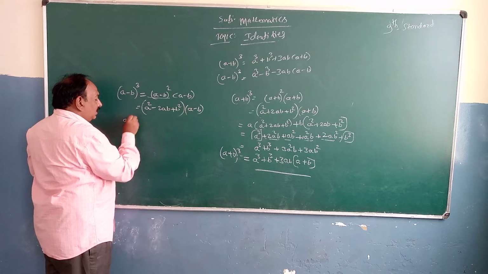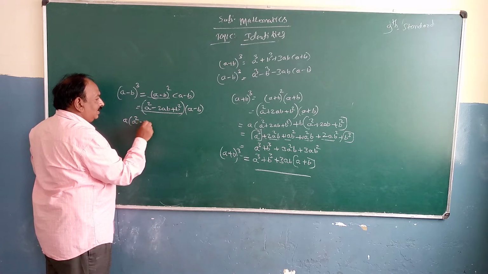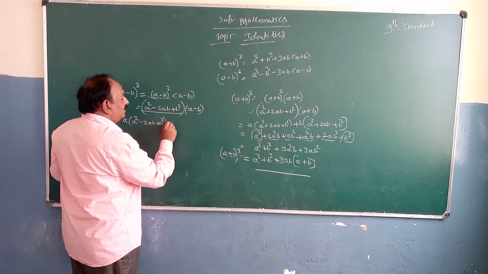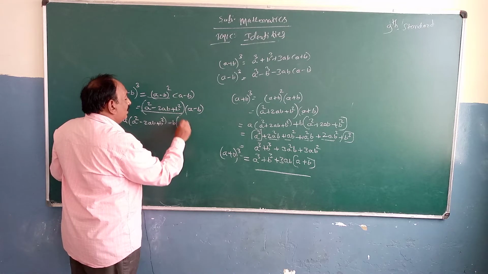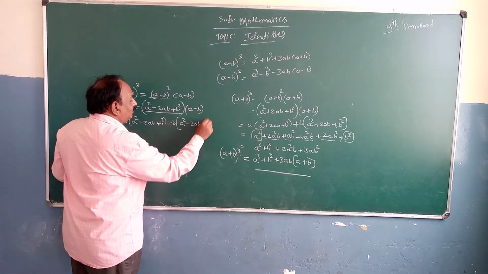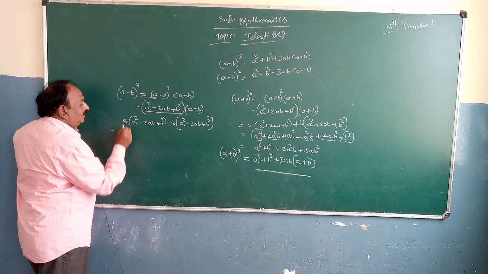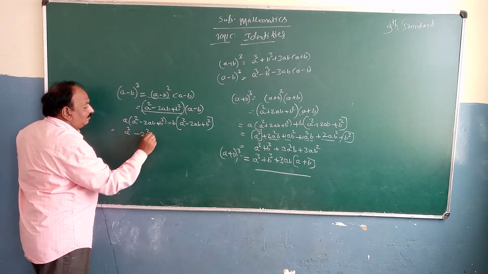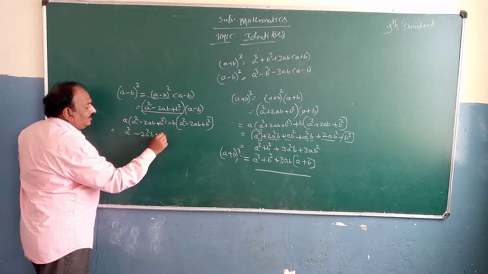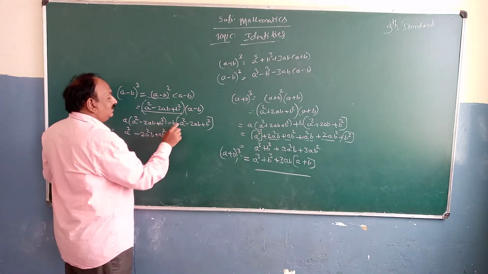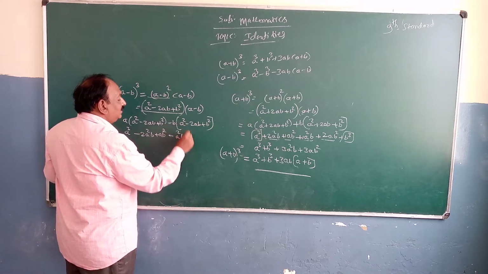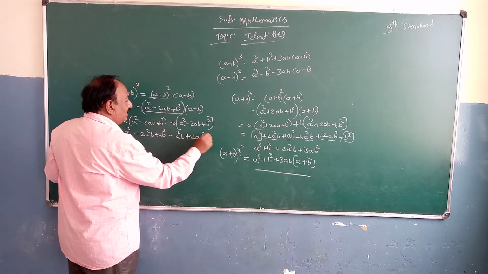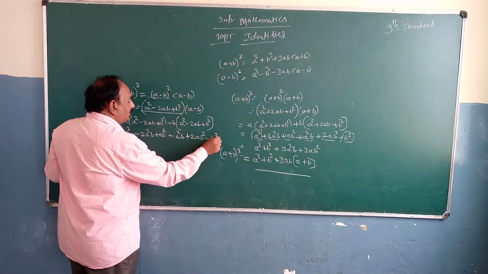Again, a into the complete term a square minus 2ab plus b square, plus minus b into the same whole term a square minus 2ab plus b square. a cube minus 2a square b plus ab square, plus minus minus a square b, minus into minus plus 2ab square, b into b square, plus minus minus b cube.